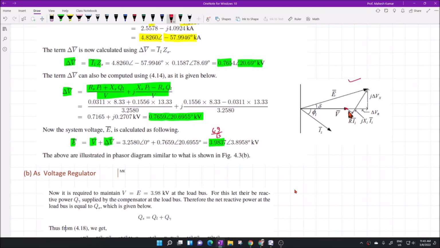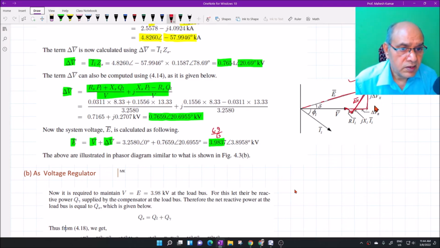And because of this current, they drop I into R, and reactive drop I into X. This gives value of E. And this is delta Vx. So delta Vr plus j delta Vx becomes delta V, and V plus delta V becomes E.